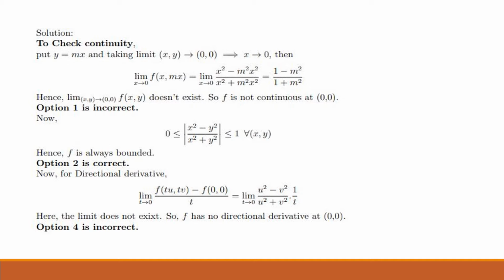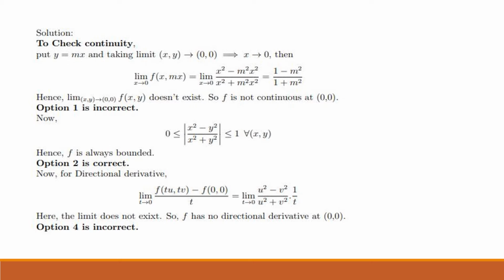Hence, the limit as (x, y) goes to (0, 0) of f(x, y) does not exist, as the limit, if it exists, is always unique, but here it varies for different values of m. So f is not continuous at (0, 0). That implies our option 1 is incorrect.